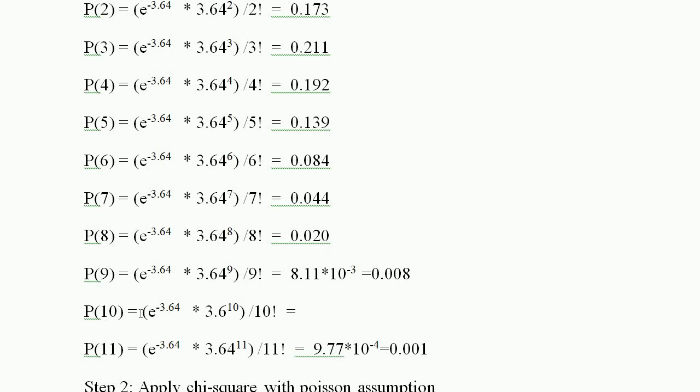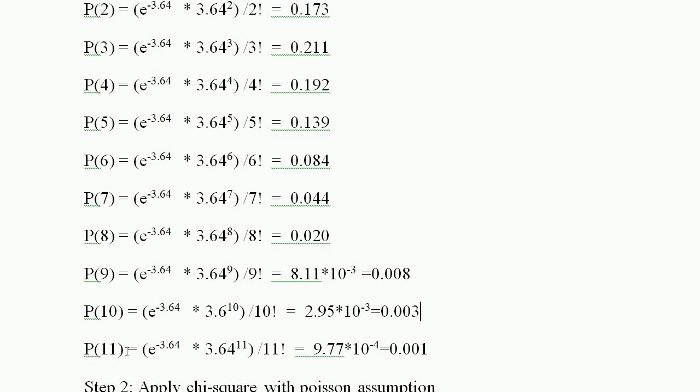For P of 10 you are going to get 2.95 into 10 to the power minus 3. Convert that value and write it as 0.003.